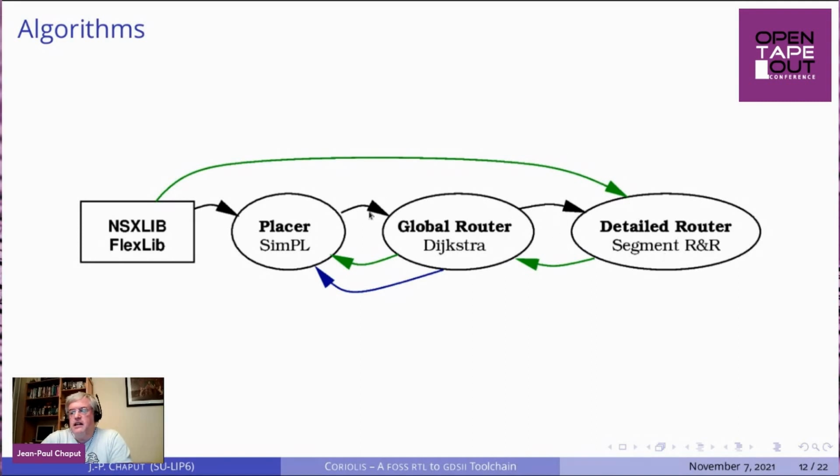The idea is that the detailed router will feed information to the global router, which then may feed information to the placer. To build an advanced EDA tool, you must interlink all the stages, all the algorithms. And this is at the heart of Coriolis. We have all the information interlinked.